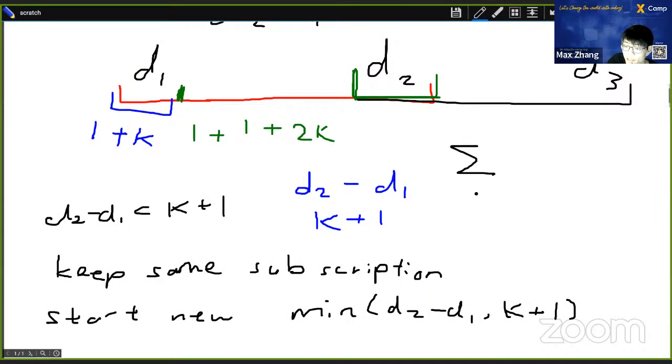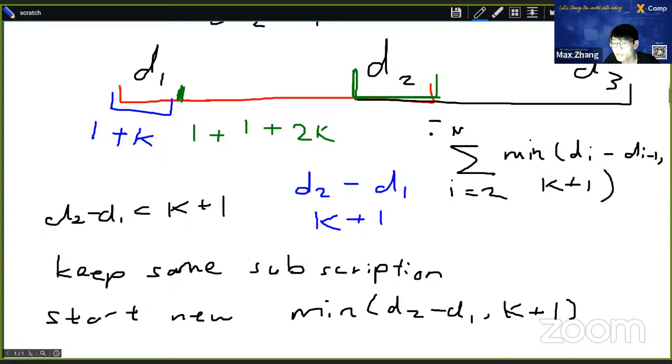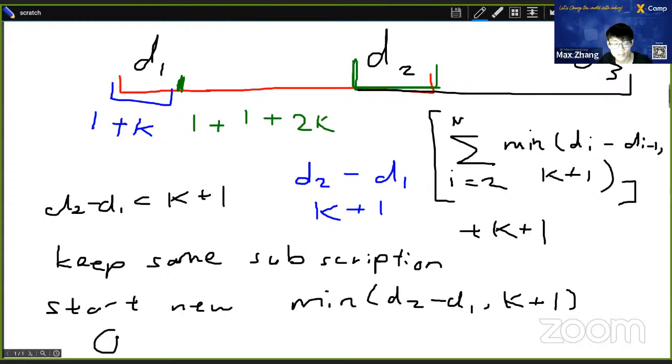We're taking the sum from 2 to n of the minimum of Di minus Di minus 1, or K plus 1. And then plus an additional K plus 1 for the first one. That would be our answer. So this works in O of n.